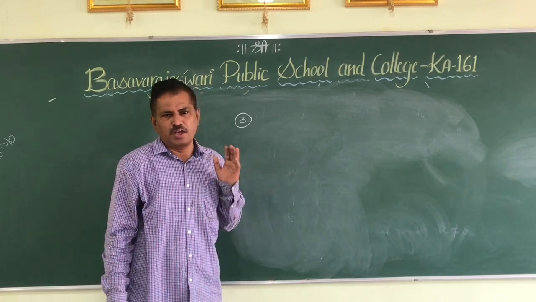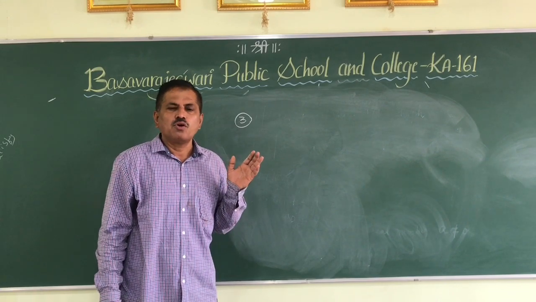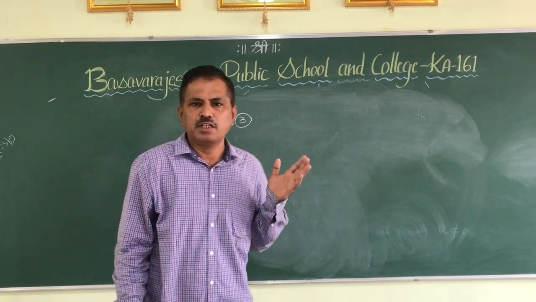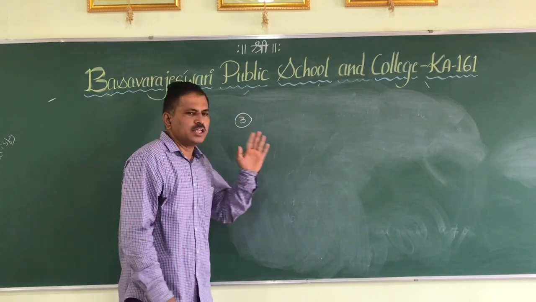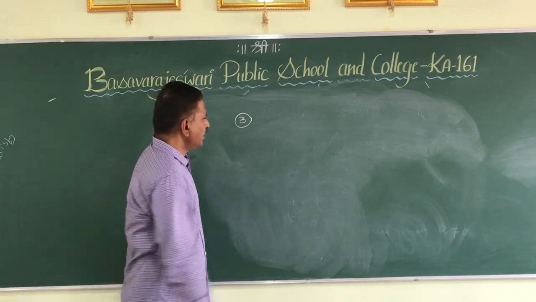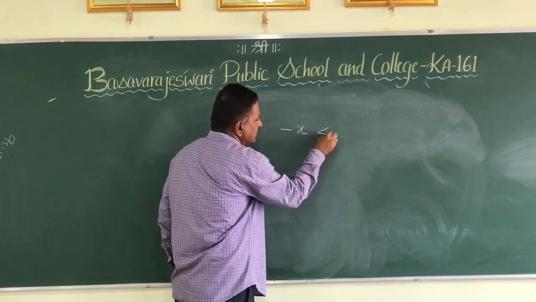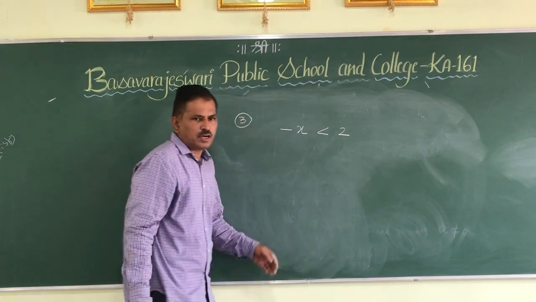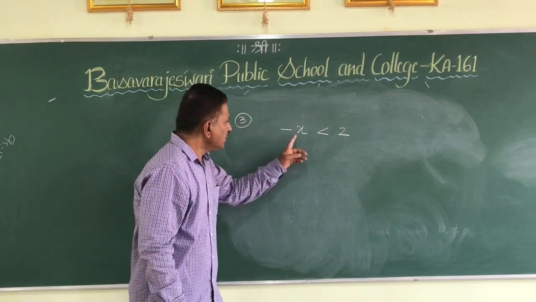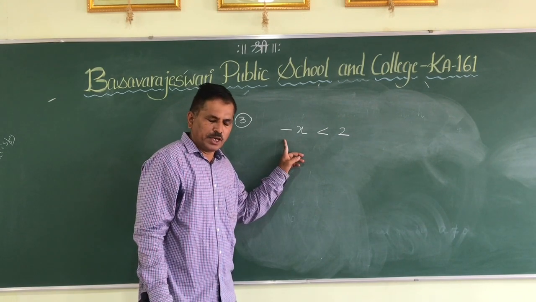multiply or divide by a negative sign on either side of the inequation, the inequation changes. Very clearly, for example, minus x is less than 2. Remember, in this, x should not be multiplied with the negative sign.